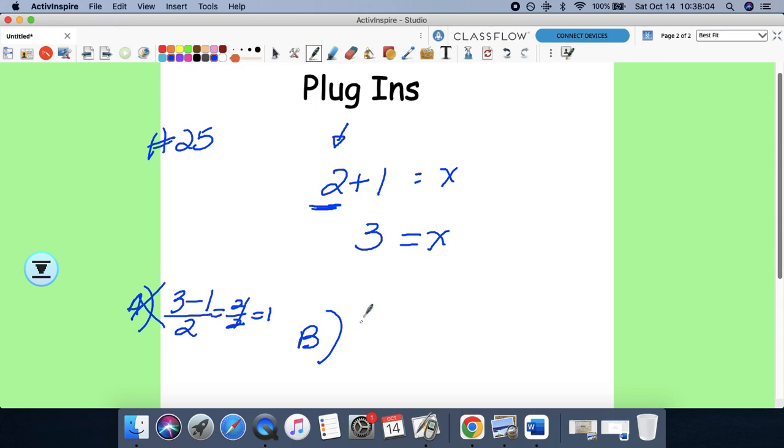X plus 1, and now x is 3, so it's 3 plus 1 divided by 2. 3 plus 1 is 4, divided by 2 is 2. Does that give us our greater of the two numbers, which in this case we chose as 2? Yes, it does. So B is our answer.